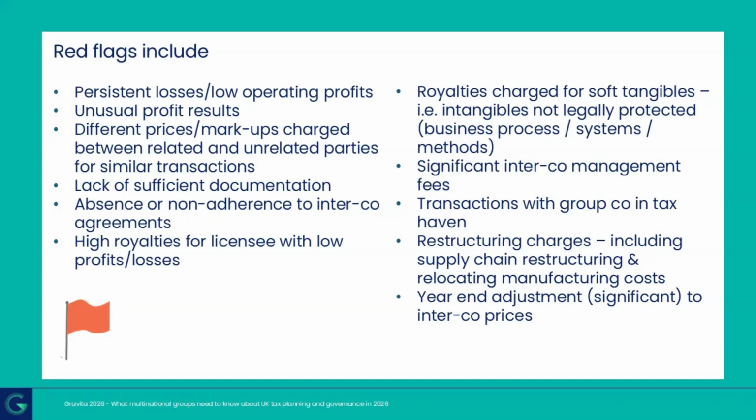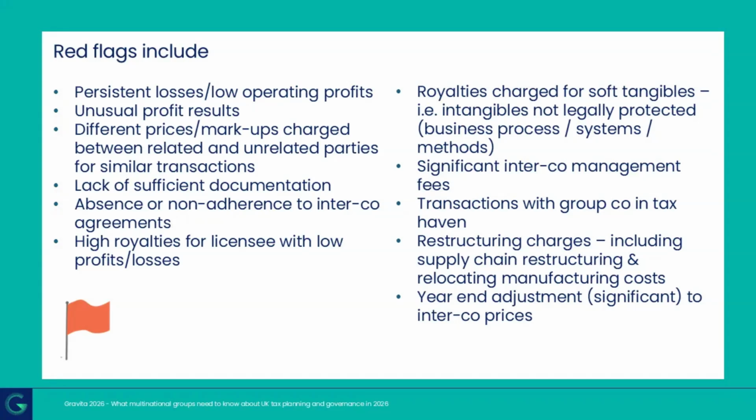Now, there are very often red flags which HMRC absolutely look for when they might be looking for transfer pricing risks from a UK perspective. Let's talk about a couple of them. So if you've got, say, a UK company within a large international group and there are persistent losses or low operating profits, that could be a red flag.